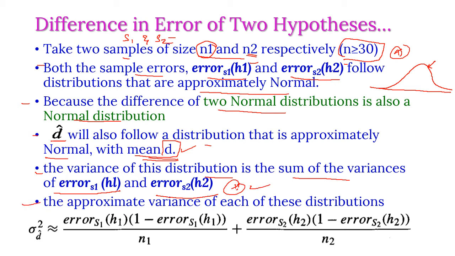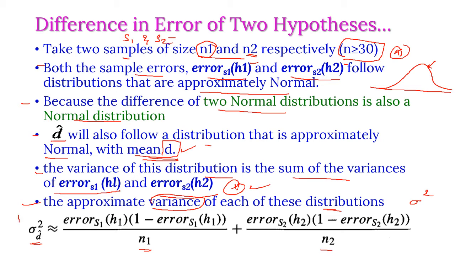The approximate variance of each of these distributions, what's the formula for variance? Sigma square is nothing but variance. So the variance of the sample errors D cap is equal to error S1 of H1 into 1 minus error S1 of H1 divided by N1, plus error S2 of H2 into 1 minus error S2 of H2 divided by N2.